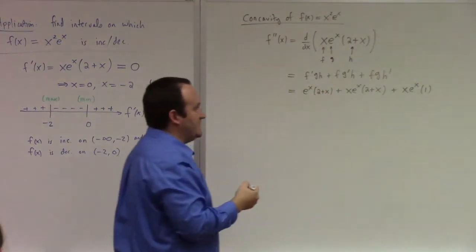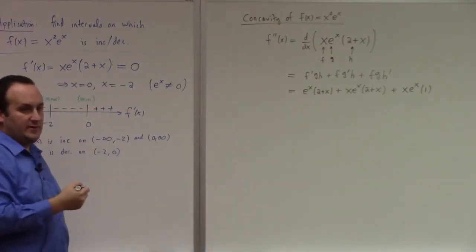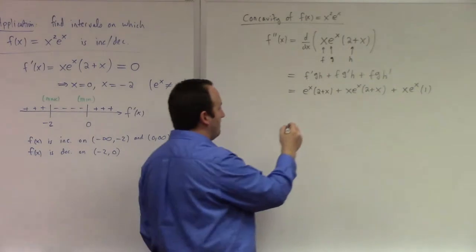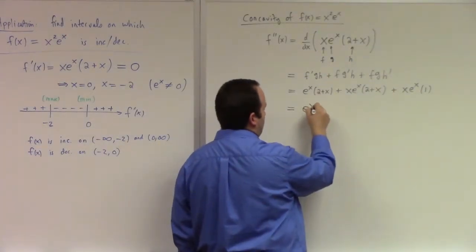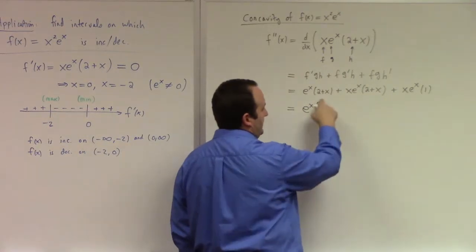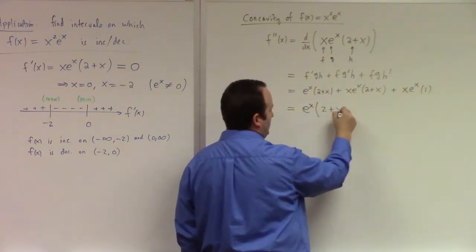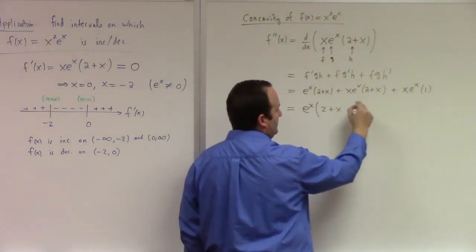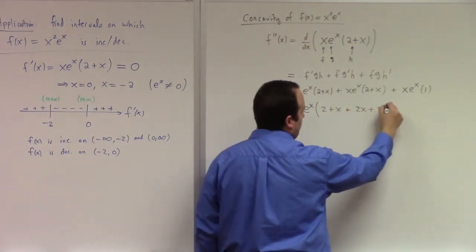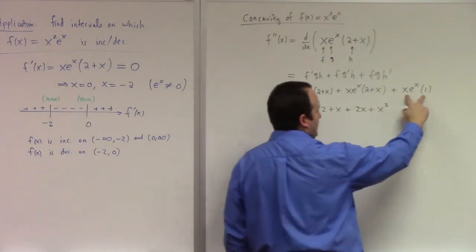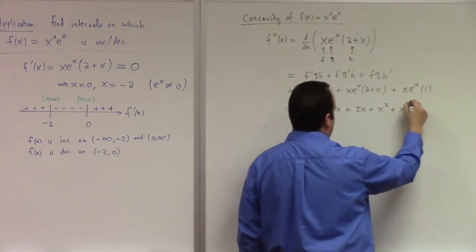The derivative of the last factor is just 1. Now, can we simplify this? Well, I suggest we factor out e to the x, right? Then what do I have? I've got 2 plus x. What do I get from the middle term? Plus 2x plus x squared. And then from this last term, I get yet another x.